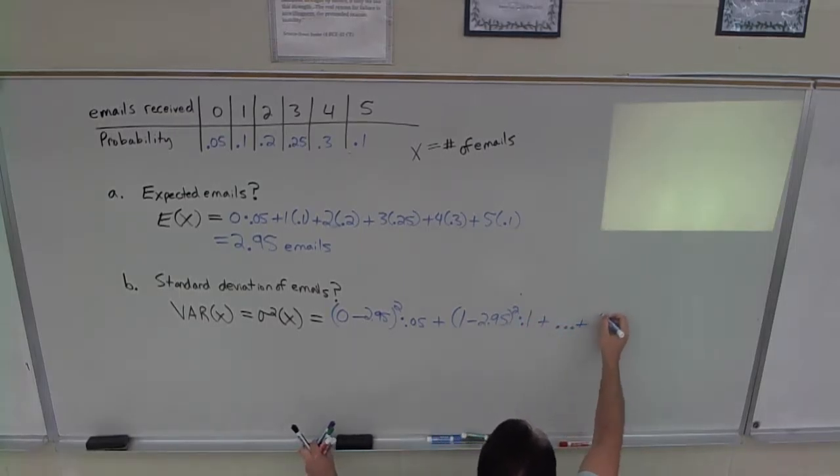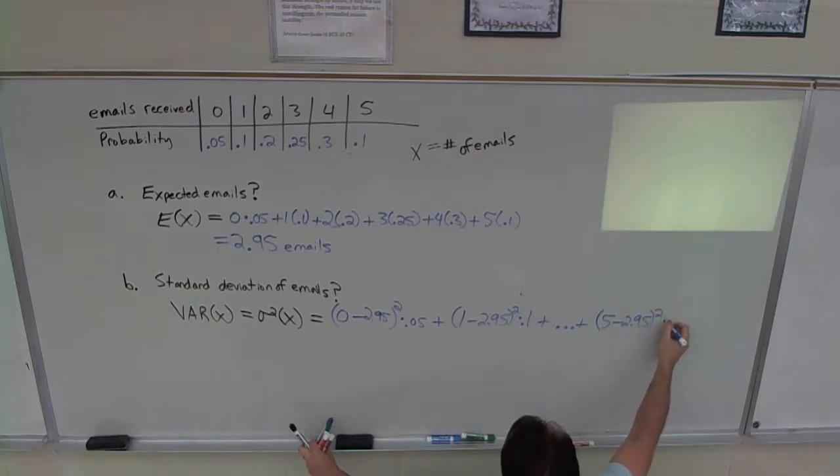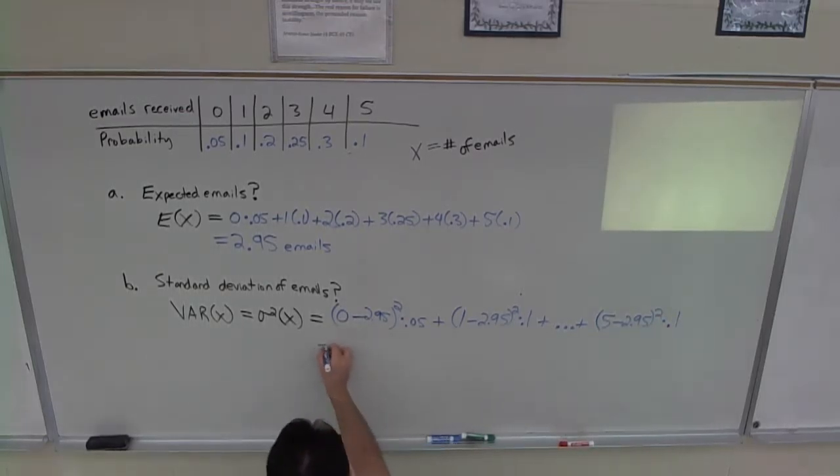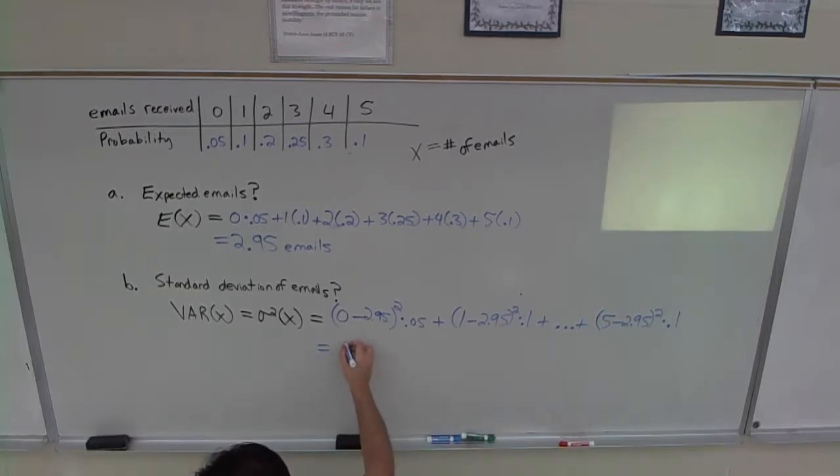The last one we're going to have, though, is 5 minus 2.95 squared times 0.1. So what'd you guys get for that? 1.74. Okay. Emails, right? That's the spread.